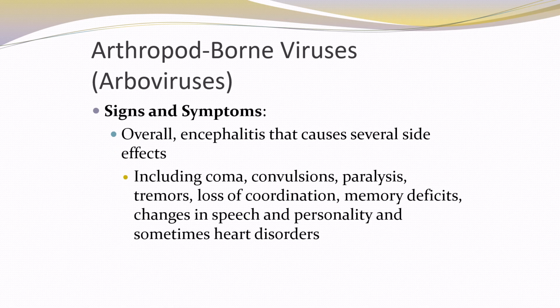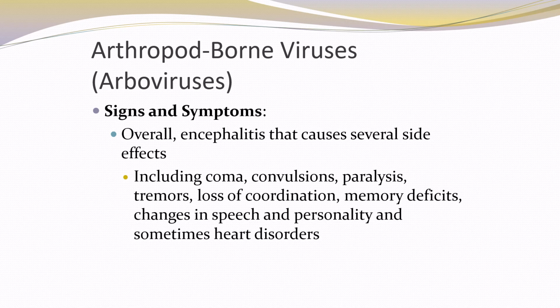All right, remember that with signs and symptoms for encephalitis, it can be extremely varied because we're affecting the brain. The brain is swelling, so we see a lot of different symptoms. So there's kind of a laundry list here of coma, convulsions, paralysis, tremors, loss of coordination, memory deficits, changes in speech and personality, sometimes heart disorders.